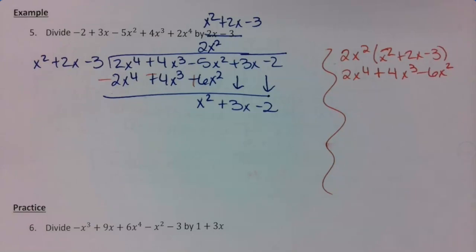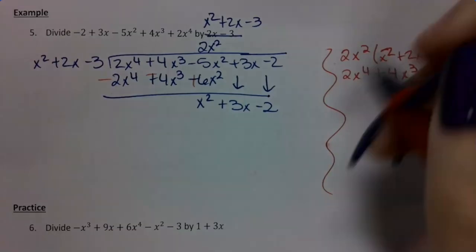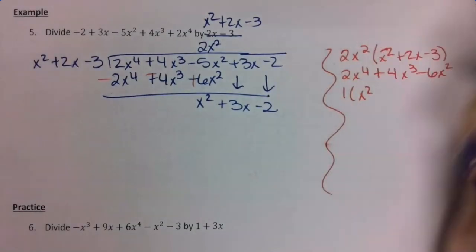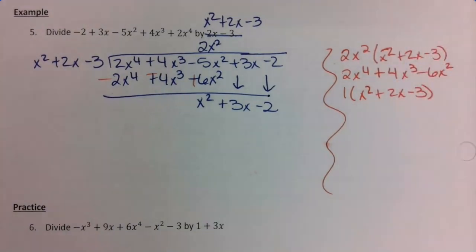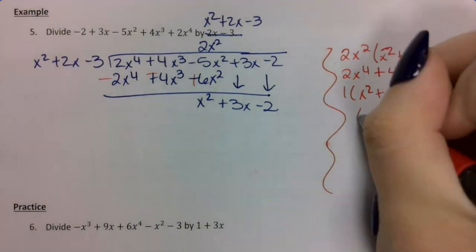Okay. What do I need to multiply x squared by to turn it into x squared? 1. So when I multiply anything by 1, I get itself back.